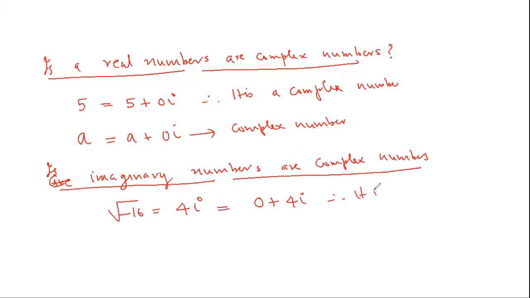Therefore, it is complex. So any imaginary number, let's say bi, can be written as 0 plus bi. Therefore, it is a complex number. So in a real number, the imaginary part is 0. Have you written this much?